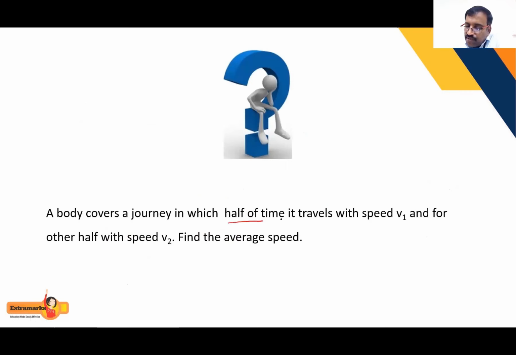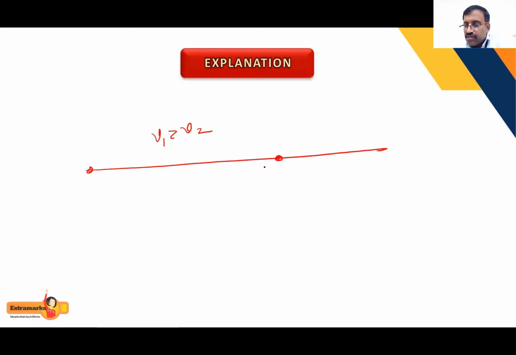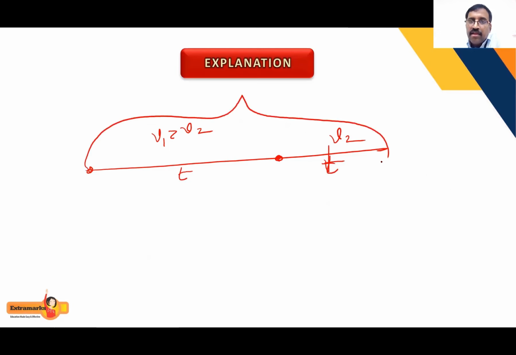Now here, half of the time interval with a speed V1, half of the time interval with a speed V2. The distance is not given. The story is the same. Suppose I take V1 greater than V2, in the first half an hour it will cover more distance because of more speed, and in the second half an hour it will cover less because the speed is less. Let us assume this is time t, this is time t. As I said, instead of taking t by 2, t is better, right? So this is 2t.